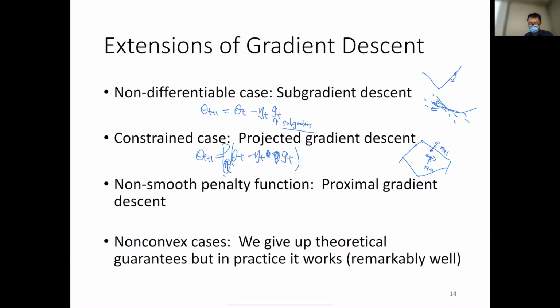Whether this projection is computationally efficient depends on how complex these feasible regions are. But for the kind of constraint sets that we typically consider, like a Euclidean ball that we considered just now, or an L infinity norm ball, or an L1 ball, or the probability simplex, and so on, the projection operator can be done in either linear time in the dimensionality or log-linear time in the dimensionality, right?